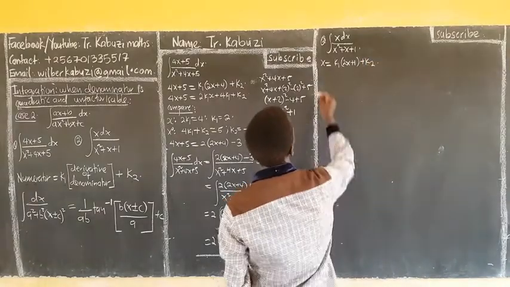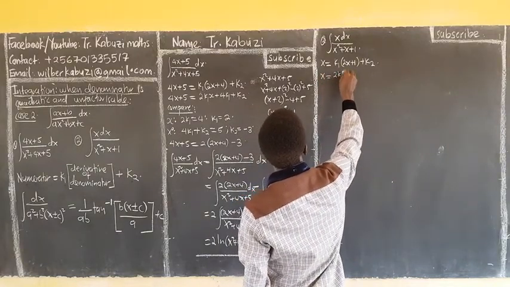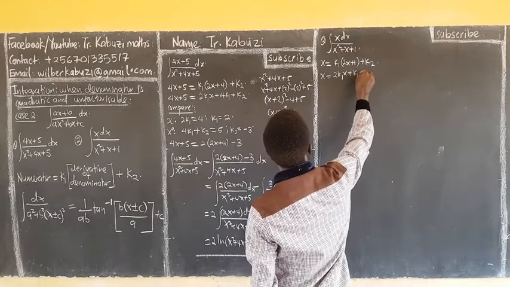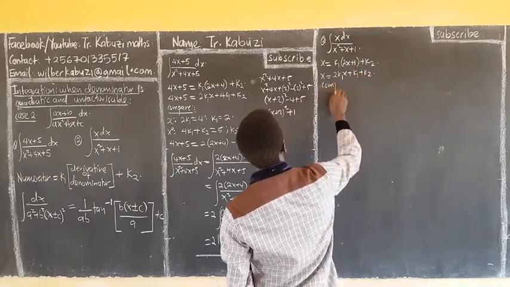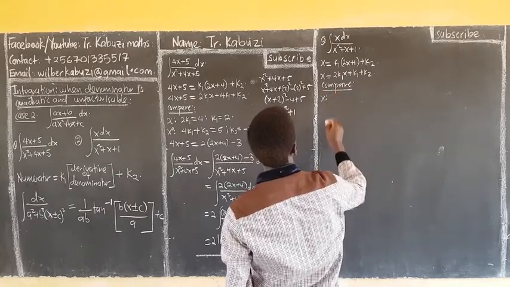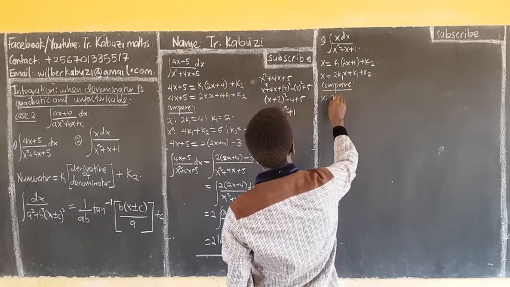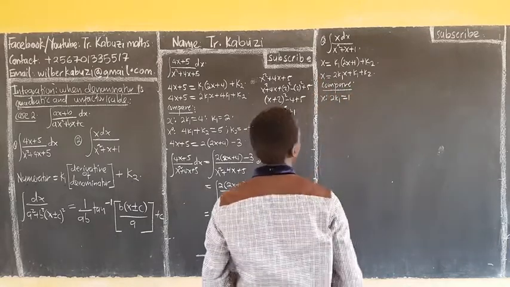So from there we expand. We are having 2k1, then plus k1, plus k2. Then we do what? We compare. So for x, this side we have 2k1, the other side we have the coefficient of x as 1.